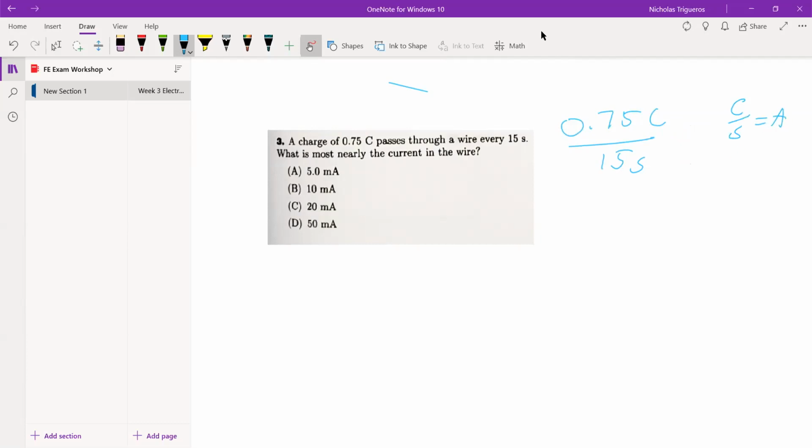Okay, hopefully you can see the rates. What's this? 0.05 amp. Let me turn that to milliamps. That is about 50 milliamps. Is this correct? Yeah. Charge over time. If you know the nature of what current is, this one should also be kind of a given for you.